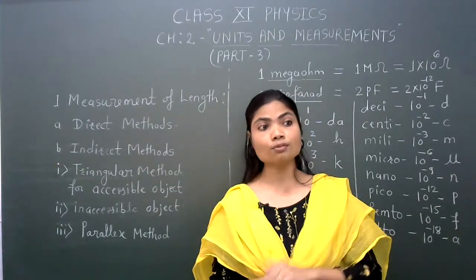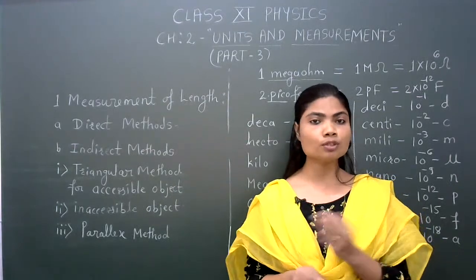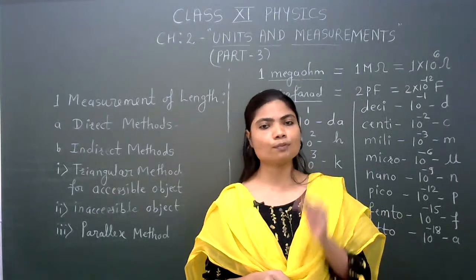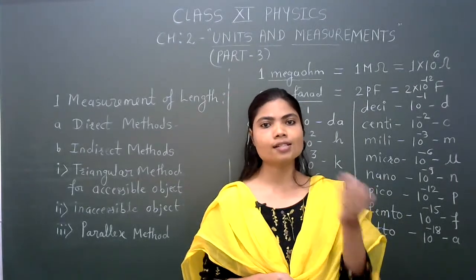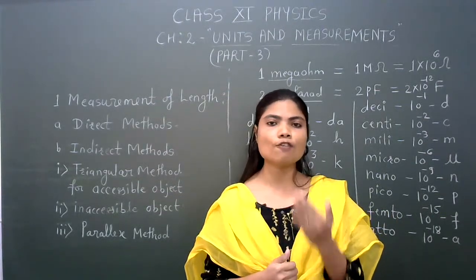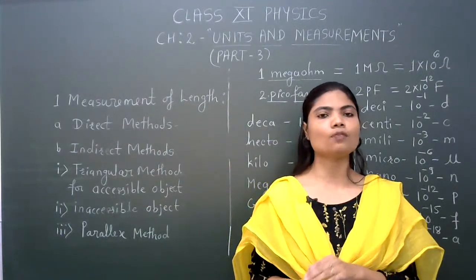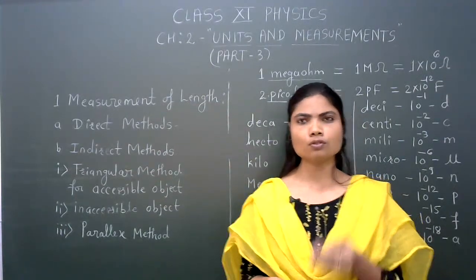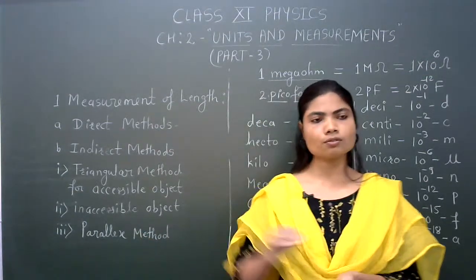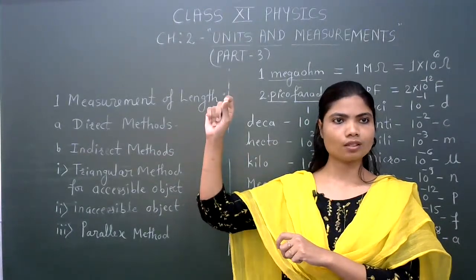But what can we use for far away objects like stars, the moon, and planets? These are called indirect methods for measuring the distance or height of objects which are far away from us, right? They cannot be directly measured with the help of a meter scale. If you want to measure the height of a tree or a tower on a road, are you going to take a tape and measure it one by one, right?